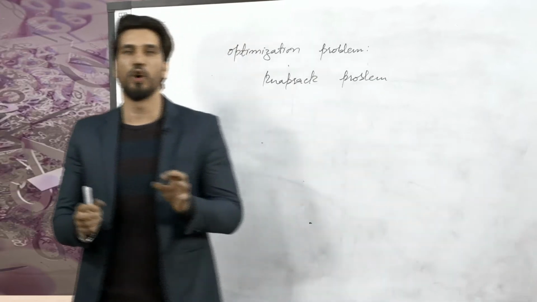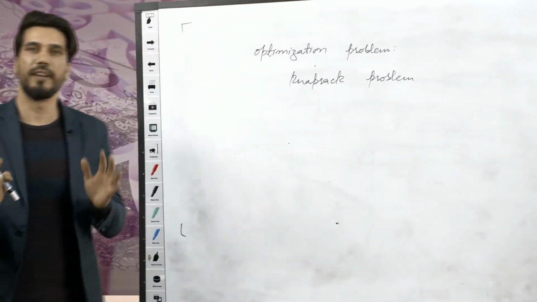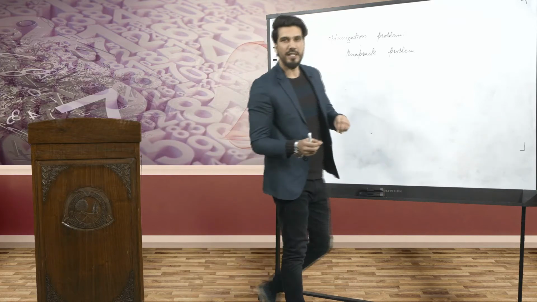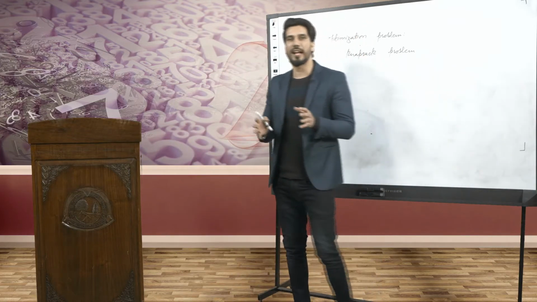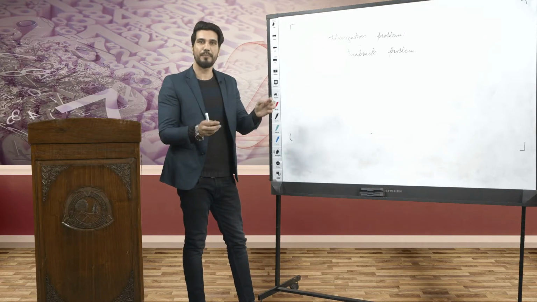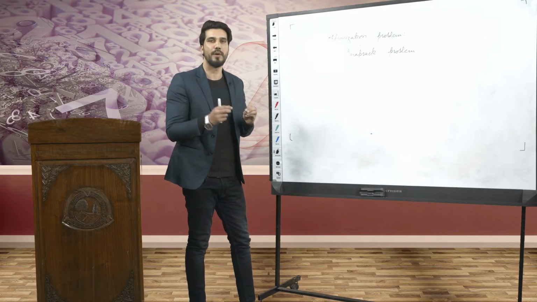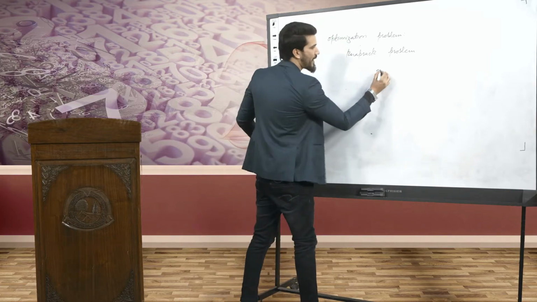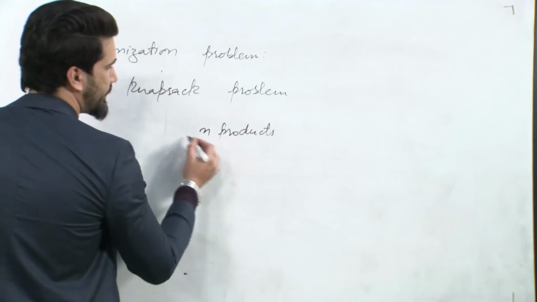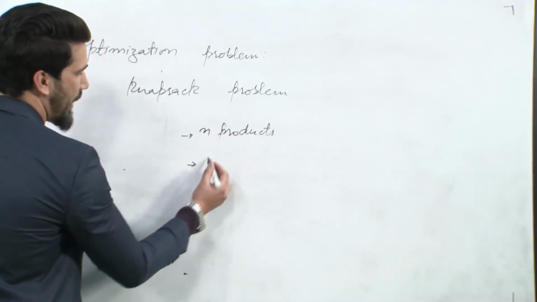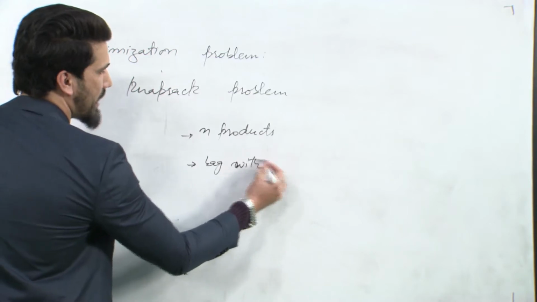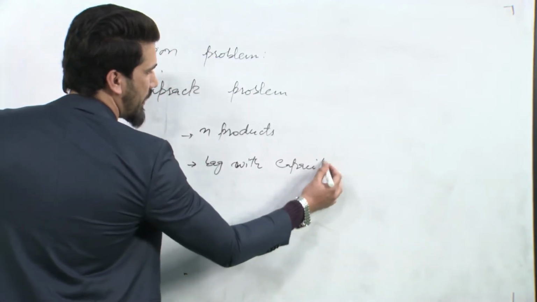It can only hold some amount of weight or units of products. Our main concern here is to fill the bag with the subset of the available products such that we have the maximum profit. Like we have n number of products available. And we have a knapsack with capacity M.